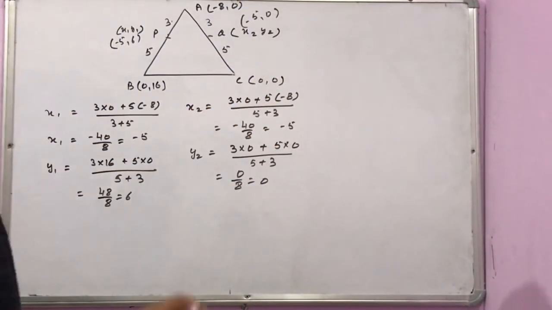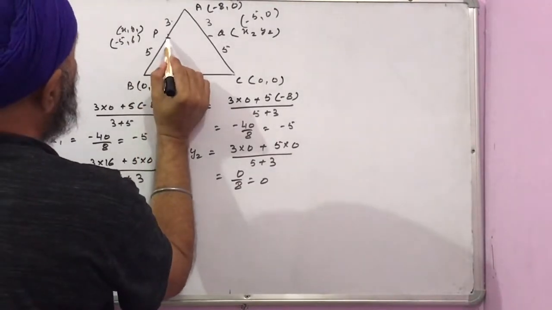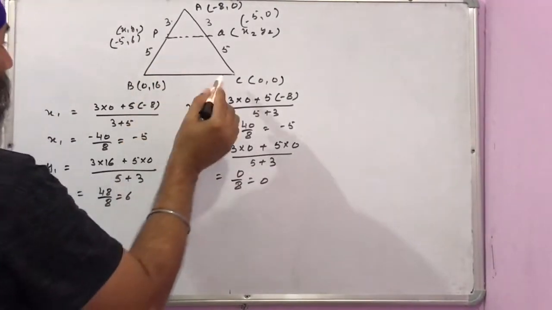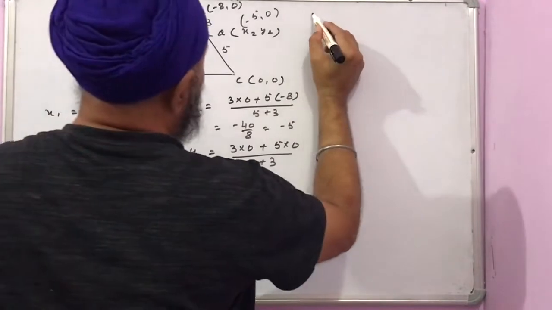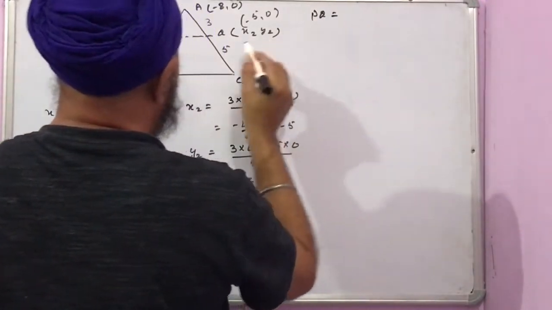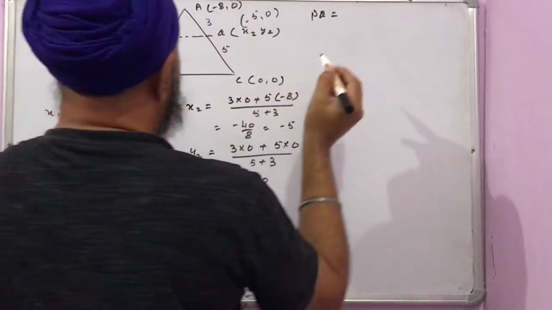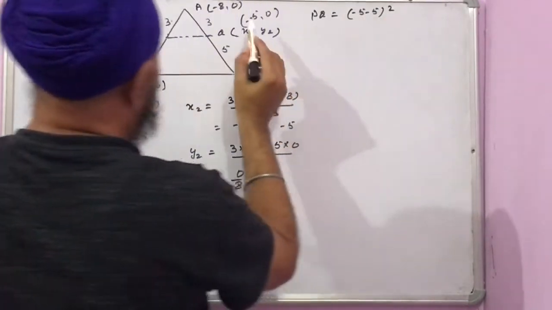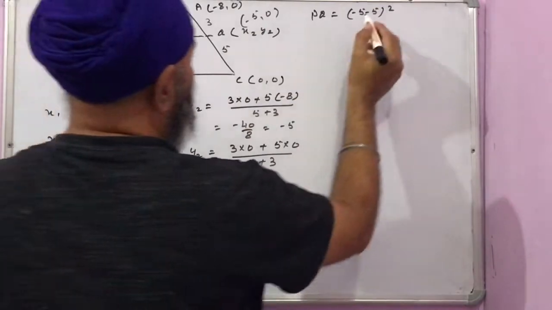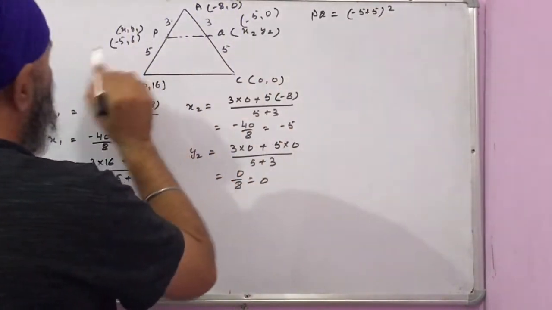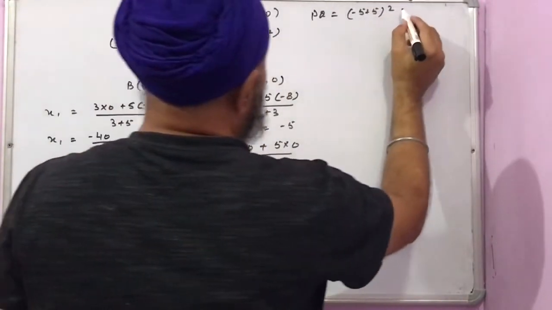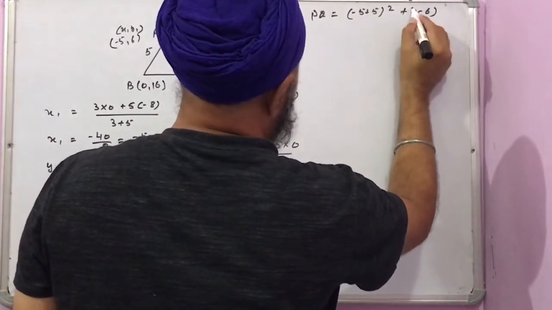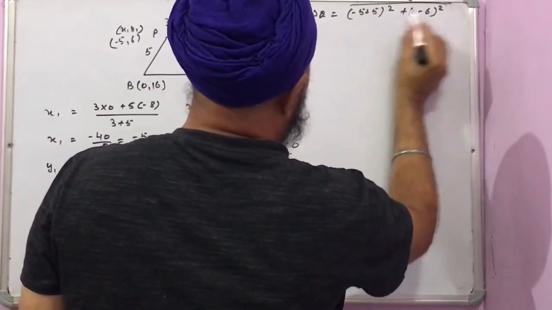So now I have to prove PQ is 3 by 8 BC. First I find length of PQ. I apply distance formula: (-5 plus 5) square plus (0 minus 6) square, under root.